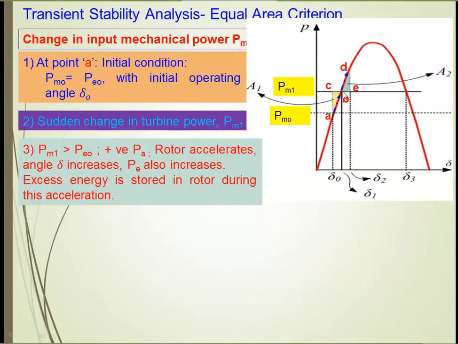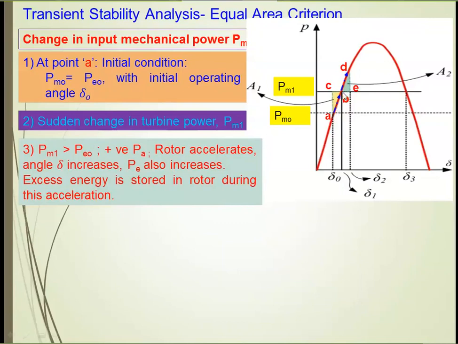So as the rotor changes its position from delta naught along this curve right here, excess energy is stored during the acceleration period, as the rotor angle increases from delta naught towards delta 1.